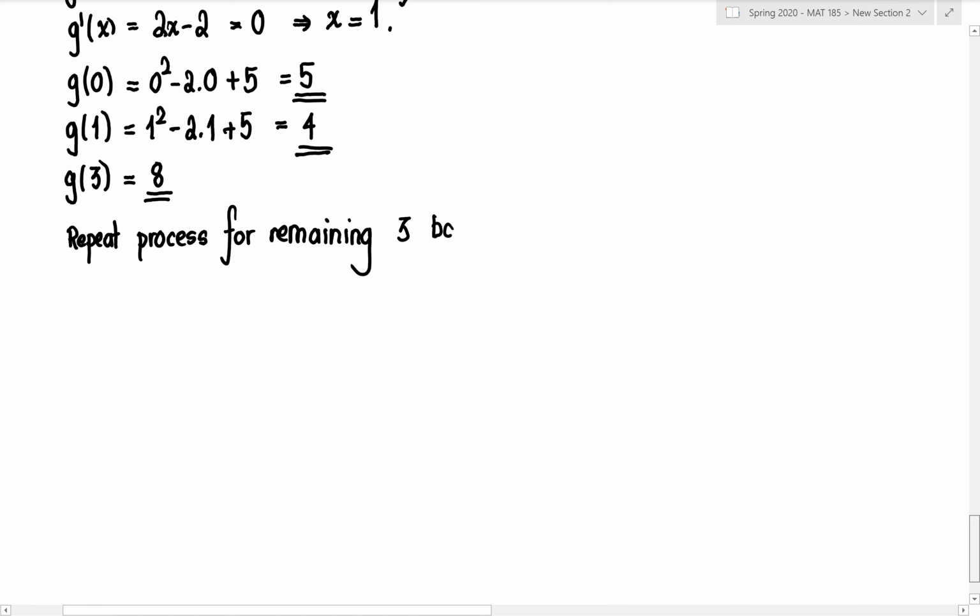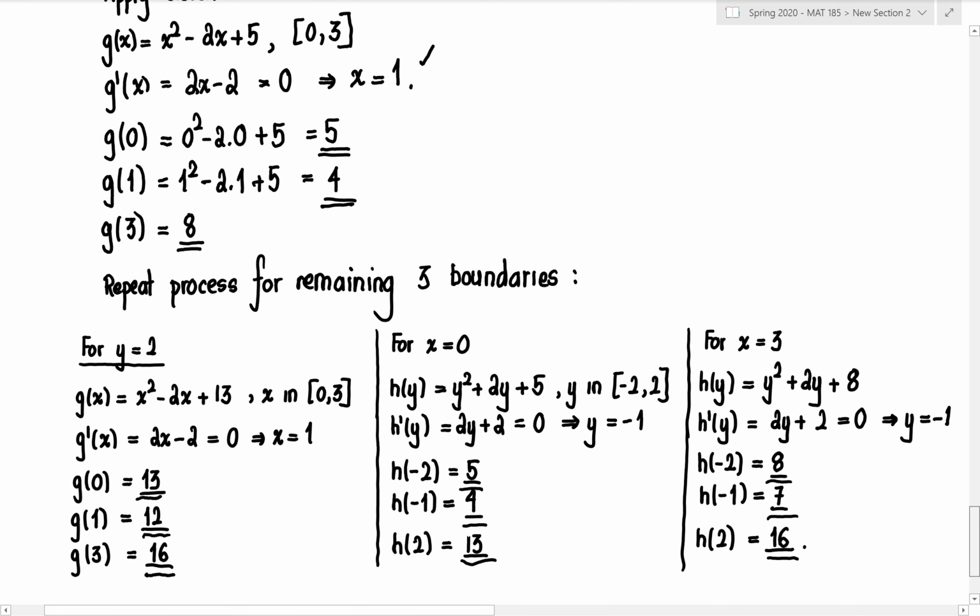Rather than working through this here, I'd like you to pause this video and see what you get for y is equal to 2, for x is equal to 0, and x is equal to 3. In a couple of seconds you're going to see the answer pop up on the screen, but see if you can repeat this process for the remaining 3 boundaries.